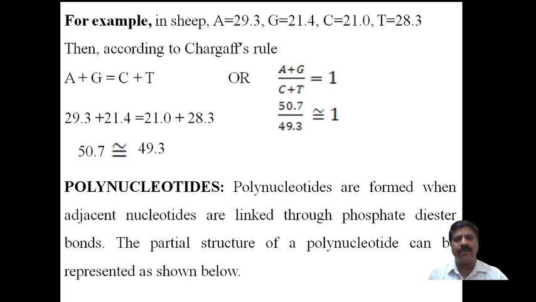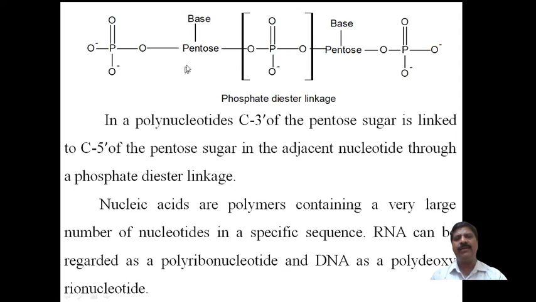Therefore, we say that a polynucleotide means n number of nucleotides joined together to form a long chain structure having high molecular mass, through a linkage of diester bonds. The partial structure of a polynucleotide can be represented here.